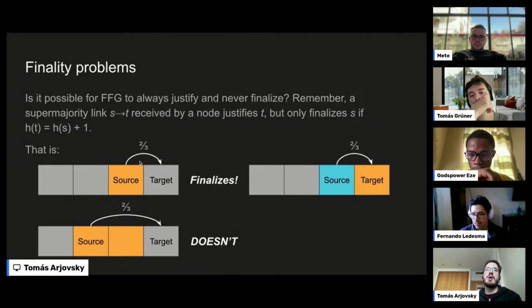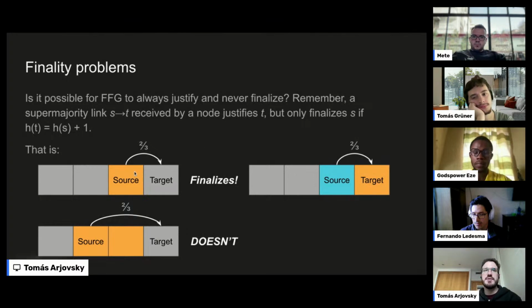So basically, before applying that supermajority link or all of those votes, this is the situation. This is my last justified one, and this is the currently processed epoch. And after applying that supermajority link, this is the after state. Thanks for pointing that out. The colors weren't correct for this state transition view. So after applying, I get this one justified and this one gets finalized.